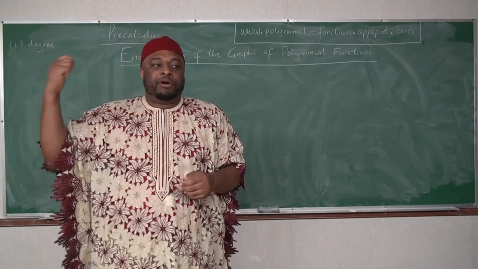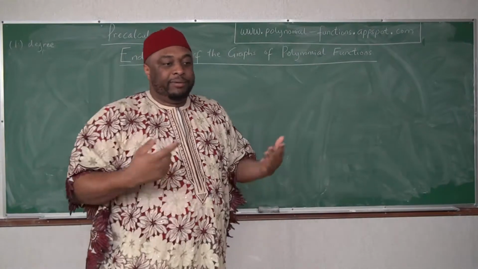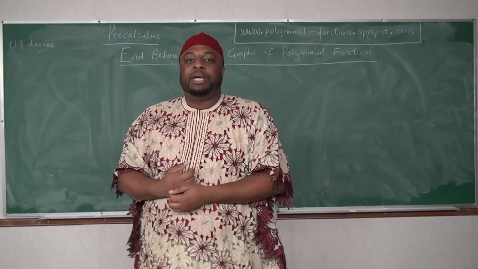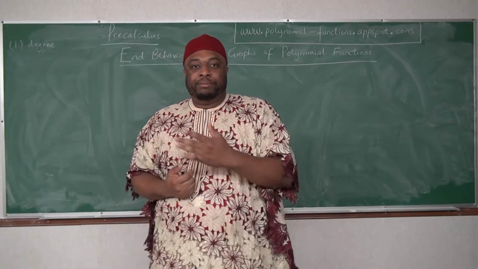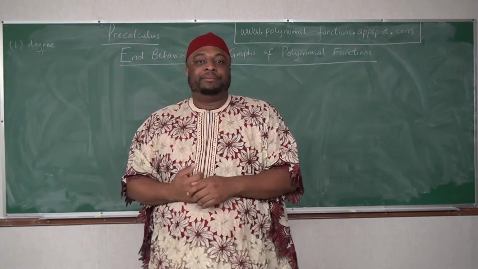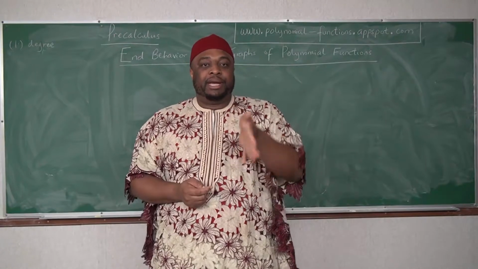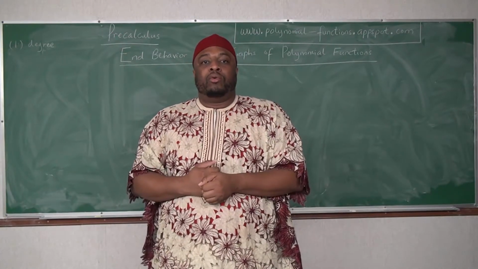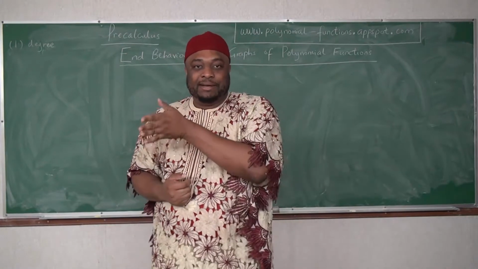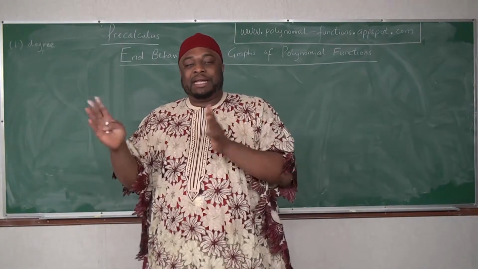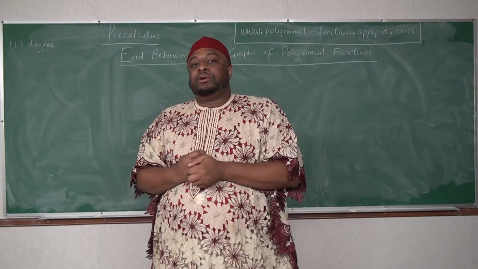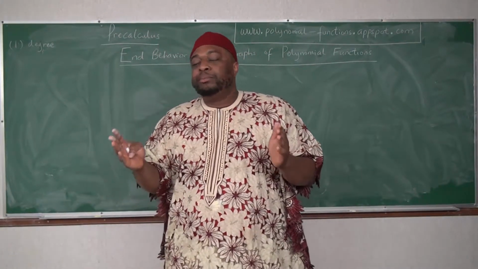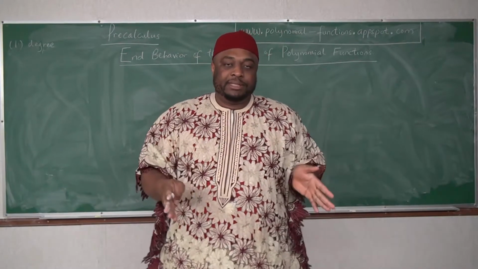Before you find the degree, and we talked about this in previous videos, the degree of a polynomial function is the highest exponent of the variable in the function when it is in standard form. It has to be in standard form first. So if the polynomial is not in standard form, you want to put it in standard form first.